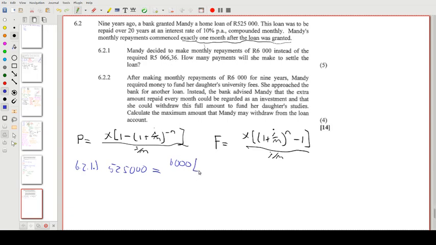Then 1 minus, and then 1 plus, the interest rate is 10%, so that's 0.1, and that's compounded monthly, so it's 12 times per year, to the power of negative n. We don't know how many payment periods, that's what we want to figure out in this question. That's all over i over m again, so 0.1 over 12.